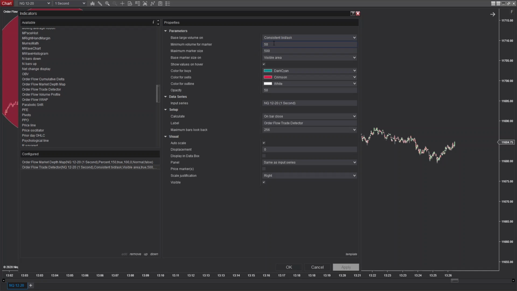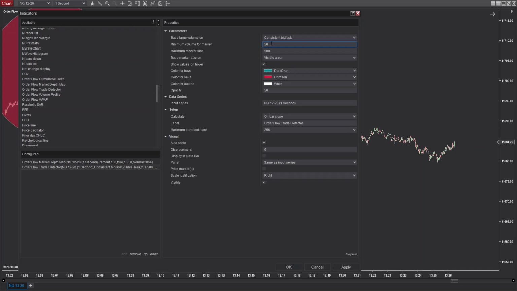So for ES, I would probably change this to 10 because 10 contracts on the ES is actually decent. And my maximum would probably be maybe 200 contracts or 300 contracts. Or I could still put 1,000 contracts just so I can see those big trades if they come through. But 1,000 contracts on the ES is a big order.